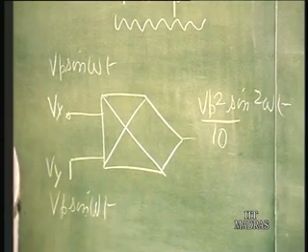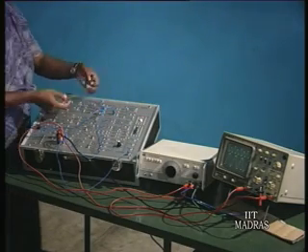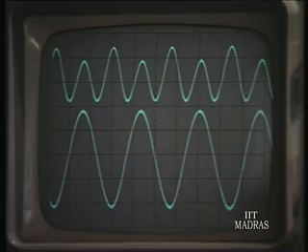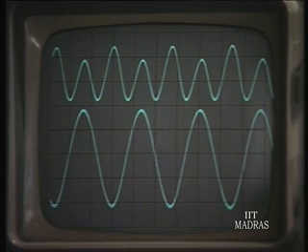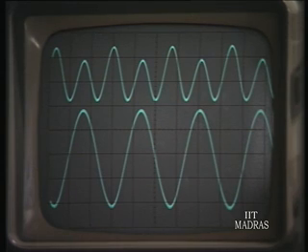This is demonstrated very clearly now by feeding the same input to both inputs of the multiplier, and you can see here for one cycle of the input waveform, which is shown at the bottom, you have 2 cycles of the output waveform. You can clearly see that there is a certain amount of feed through component of the fundamental, the omega component, because the multiplier has a certain amount of offset.